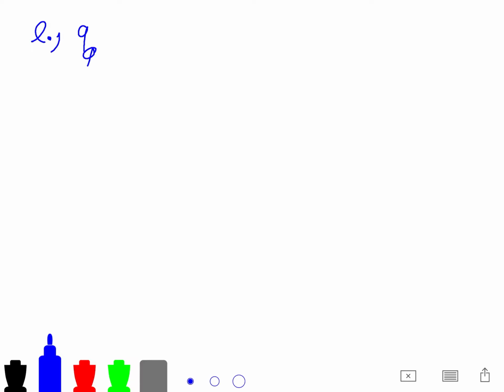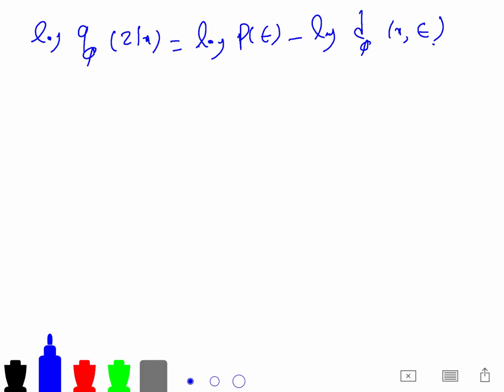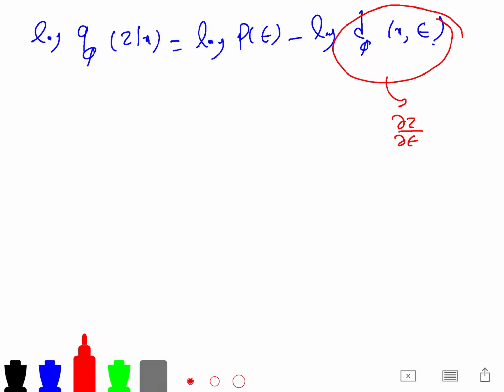So the log of q phi of z given x is the log of p of epsilon minus log of the absolute value of the determinant of the Jacobian matrix of the transformation from epsilon to z, which is the determinant of the Jacobian of z with respect to epsilon.